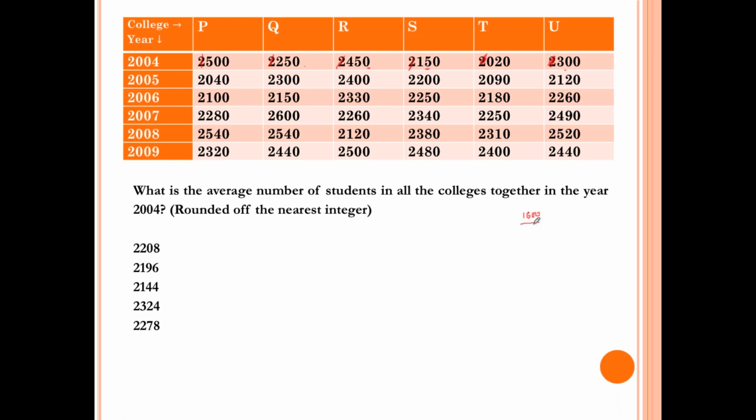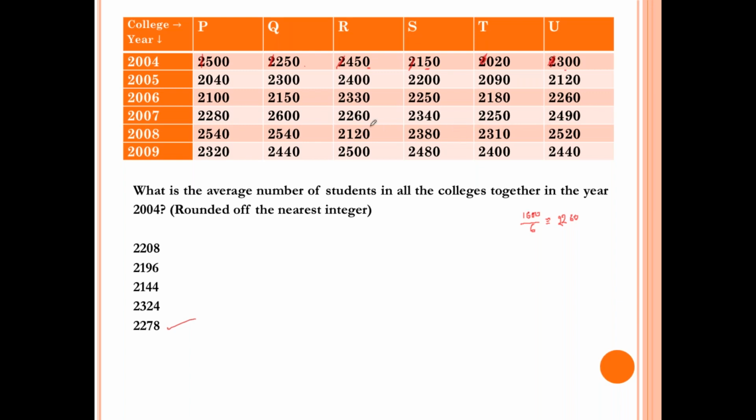If you divide by 6, it is slightly more than 250, so it is 1670, 1680. So you can say it will be around 250, 260, right? So your answer will be 2260. Nearest to 2260 is 2278, right? Is it clear to everyone? Rather than just summing it up and calculating, you can use this.